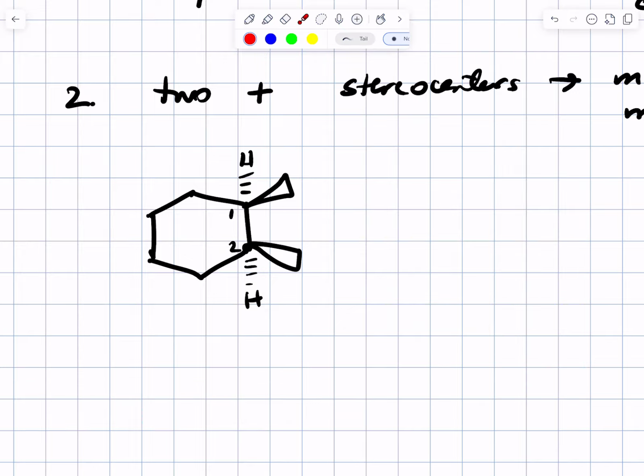So, for example, carbon 1 is bonded to a hydrogen and 3 carbons, but those 3 carbons are not identical. That's pretty easy to see here. One of them's a methyl group, one of them's a CH2 group, one of them's a tertiary carbon. Do you see those differences? So carbon 1 is a stereocenter. Similarly, carbon 2 is a stereocenter.